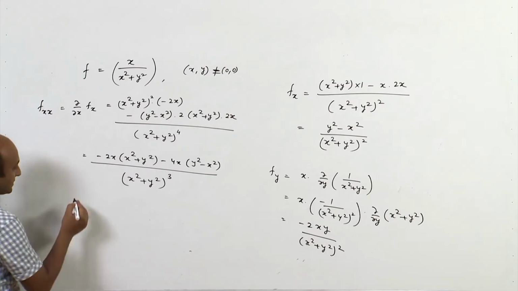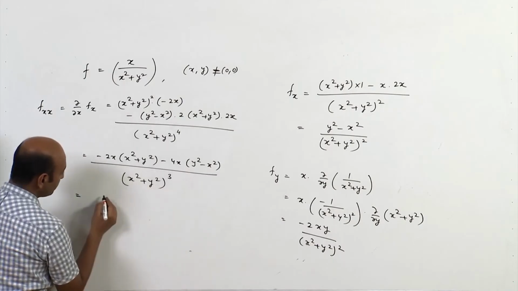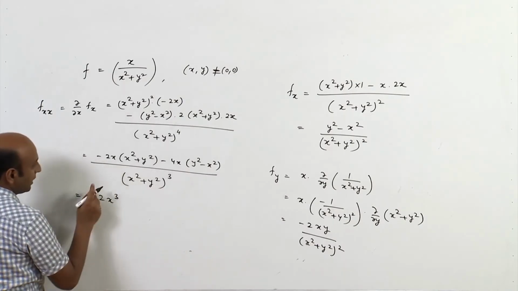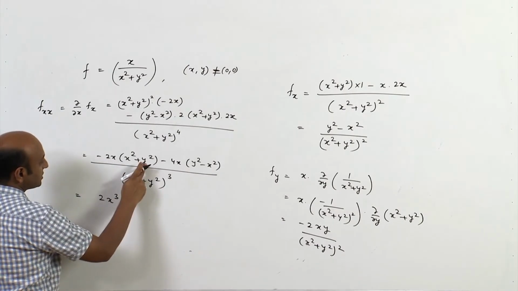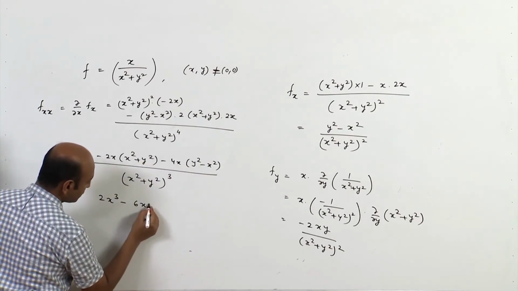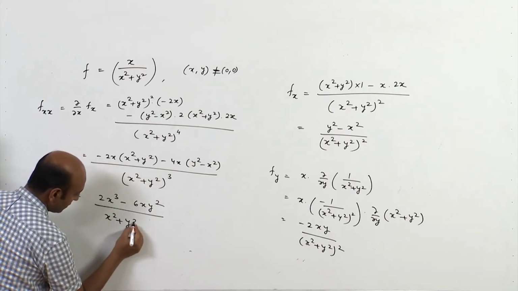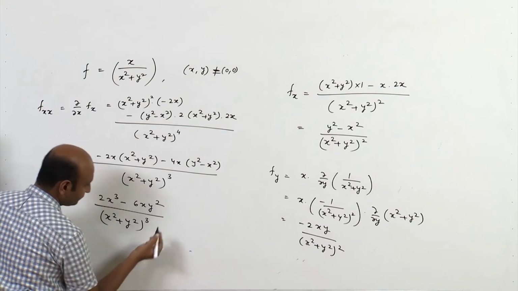Okay. And it is equal to minus 2x cube plus 4x cube. So, it is 2x cube, and it is minus 2x y square minus 4x, that is minus 6x y square upon (x square plus y square) whole cube. Okay.